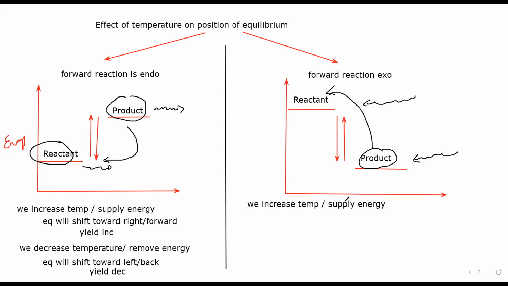So when we supply energy, the product absorbs energy and forms back the reactant. As it forms back the reactant, the equilibrium is shifted towards the left hand side, or backward, and the yield will decrease.